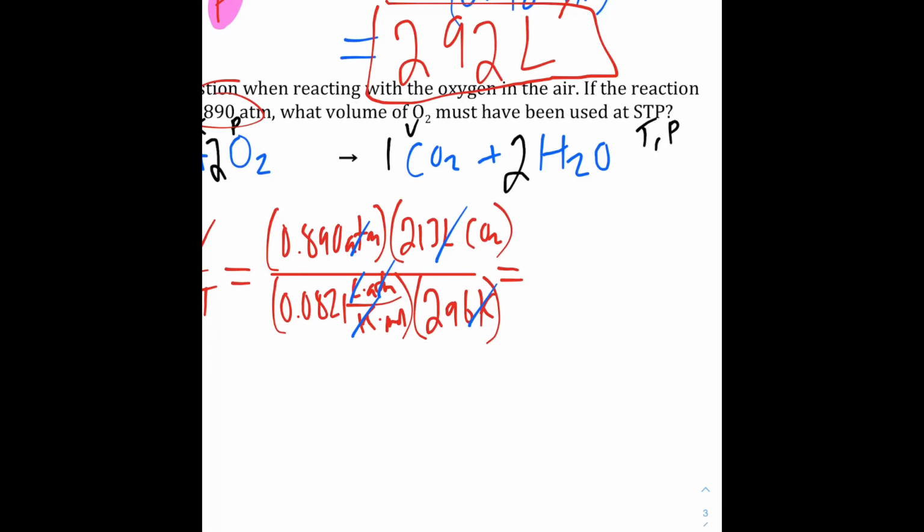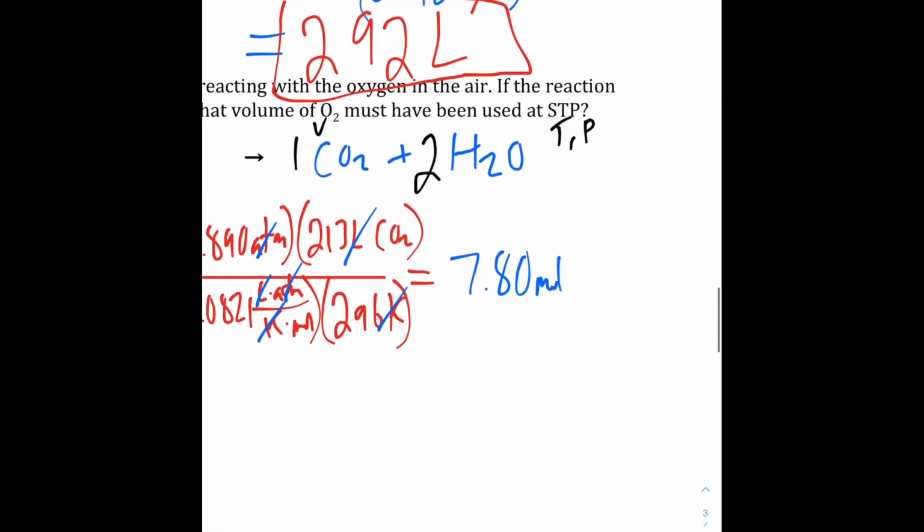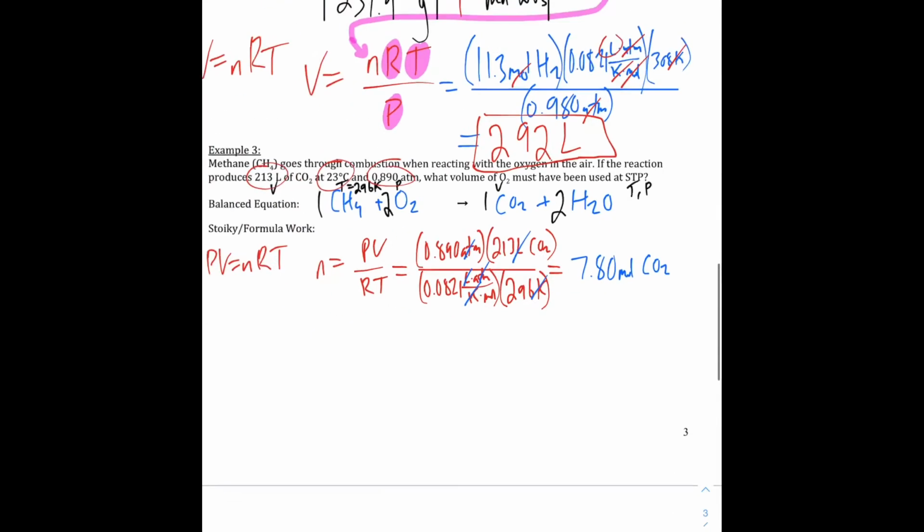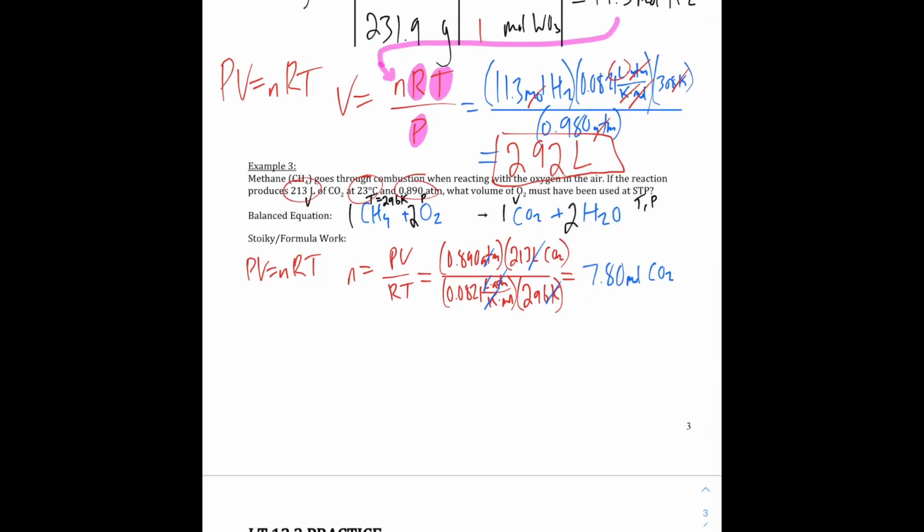Divide that. And that gives us 7.80 moles, specifically moles of CO2. Remember, we still have to convert to oxygen.